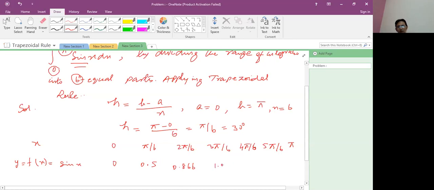Sine 4 pi by 6, which means 120, is 0.866, I think. Please check. And when we find 5 pi by 6 with the help of the calculator, it means 150. So sine 150 is 0.5 and sine 180 is 0.